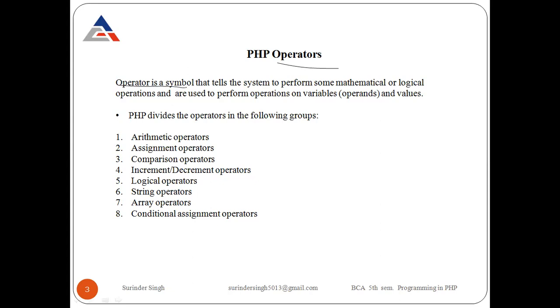Operator is a symbol that tells the system to perform mathematical or any logical operations. Clear? And are used to perform operations on variables. And variables, on which you are performing any operations, are called operands. Okay, and values.